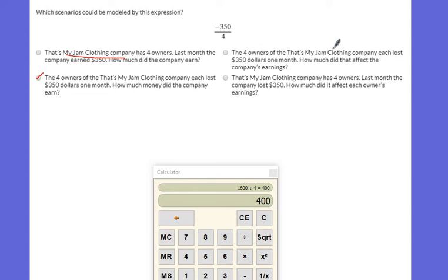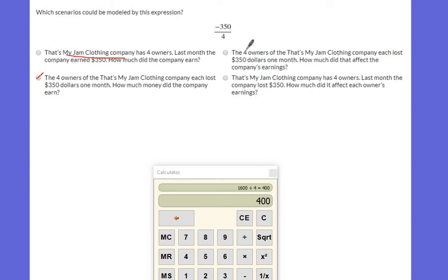The 4 owners of That's My Jam Company each lost $350. How much did that affect the company's earnings? Let me reread that. The 4 owners of That's My Jam Company each lost $350.